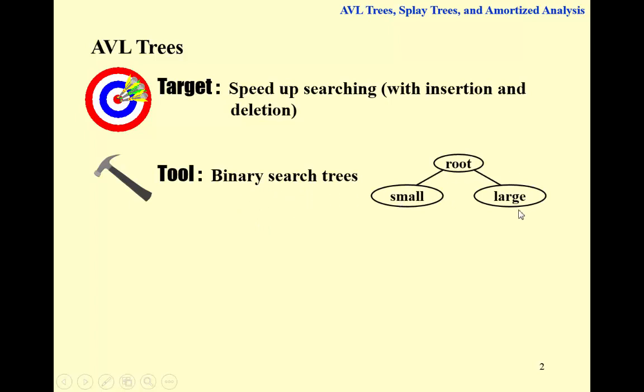So here's a quick review. In a binary search tree, first of all, it's a binary tree, and all the keys in the left subtree will be smaller than the root key, while everything in its right subtree must be larger than the root.